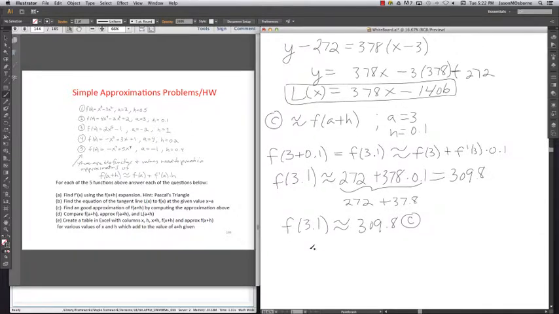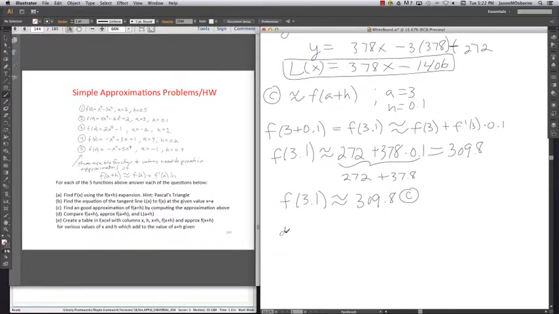Part D is asking you to compare, to bring all these values together. So f of a plus h is the function evaluated at 3.1. What is that number exactly?